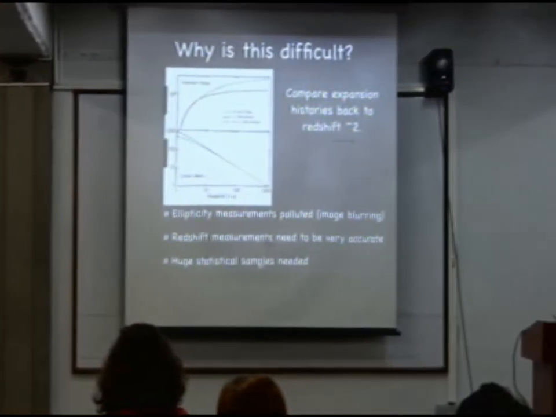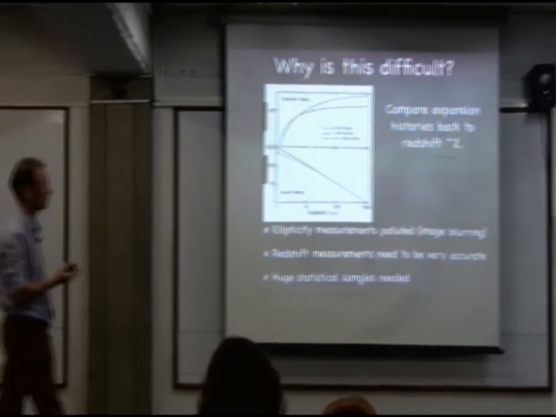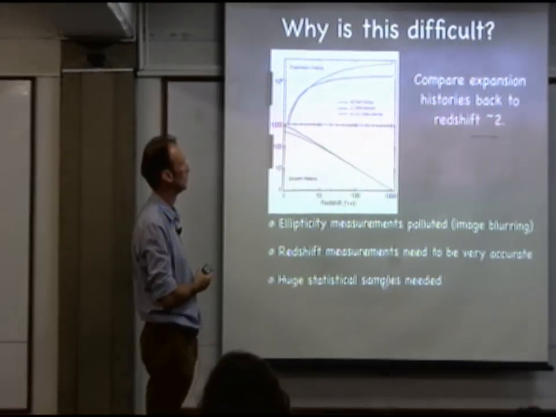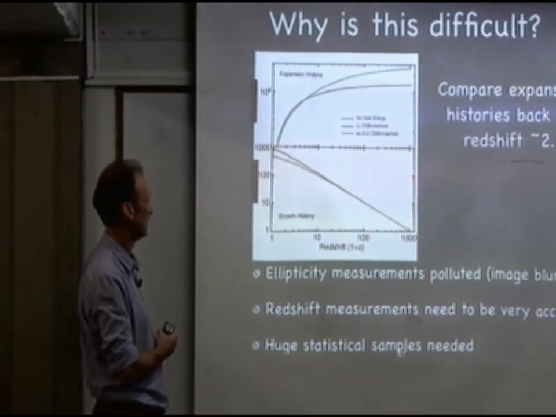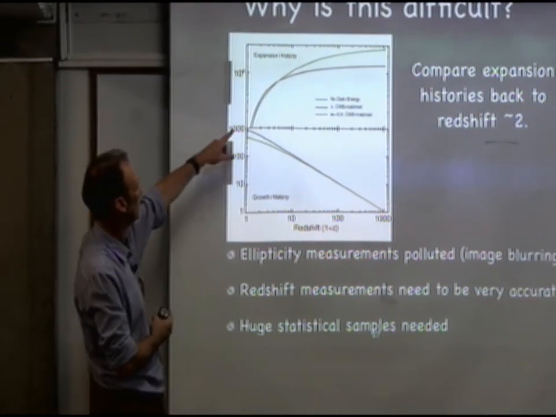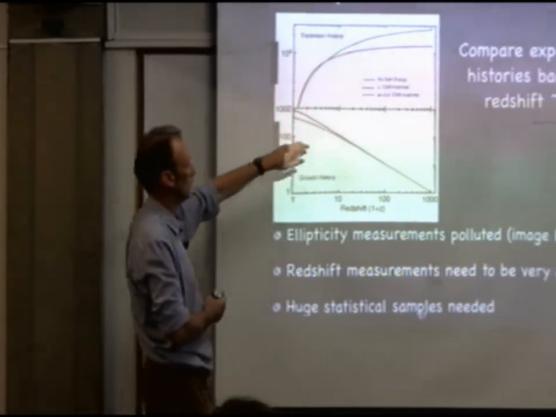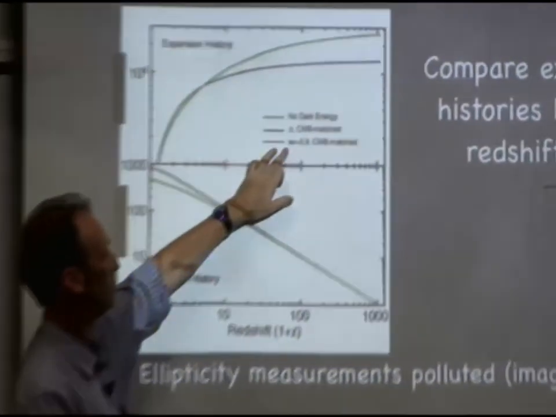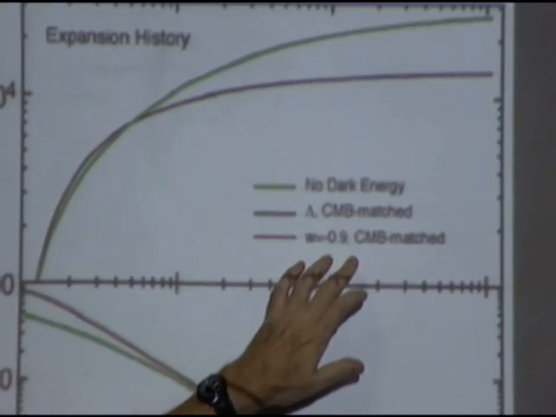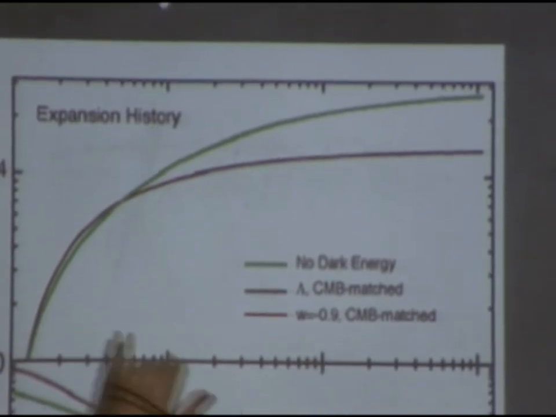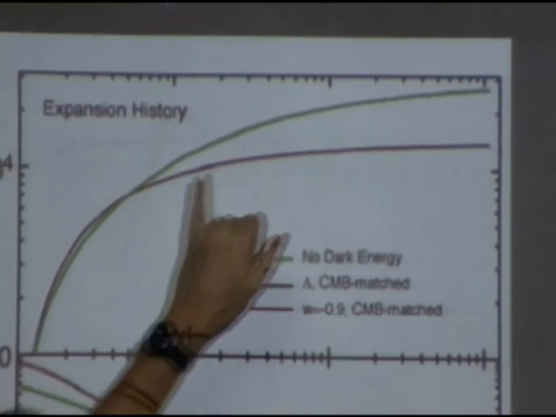So this is something we would love to do, but it's extremely difficult, because the effects we're looking at are extremely small. For example, here is the expansion history back to redshift of about 2, where you have a cosmological constant, or you have a slightly different equation of state for the cosmological density parameter, and you see that the effects are really, really tiny.